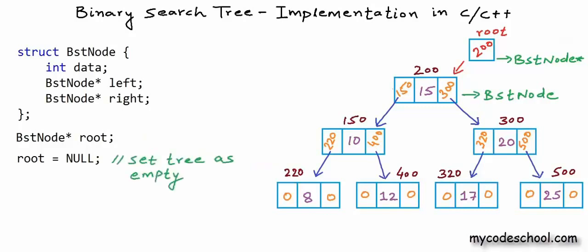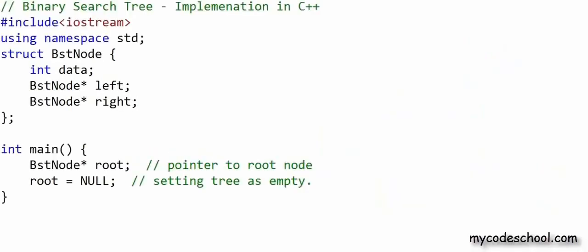Actually, let's just write this code in a real compiler. I'm writing C++ here. As you can see, in the main function I have declared this pointer to node, which will always store the address of the root node of my tree, and I'm initially setting this as null to say that the tree is empty. With this much code, we have created an empty tree.